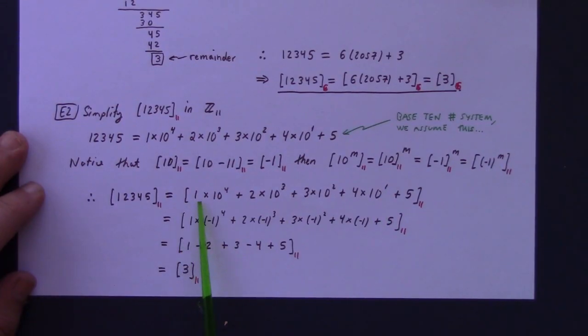And so down here, by the rules of modular arithmetic, which I will likely justify next class, the equivalence class of the sum is the sum of the equivalence classes. So if I wanted to write more, I could break this up into the sum of equivalence classes, and then the product, and then each one of those you can write as the product of the equivalence class of 1 and the equivalence class of 10 to the 4th.